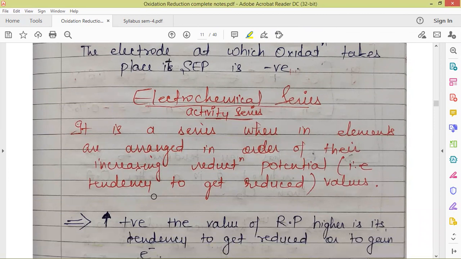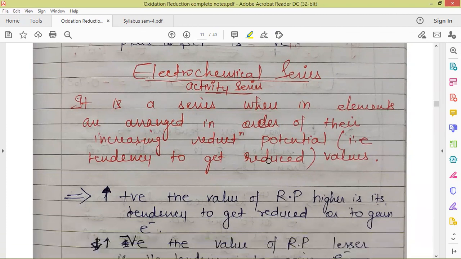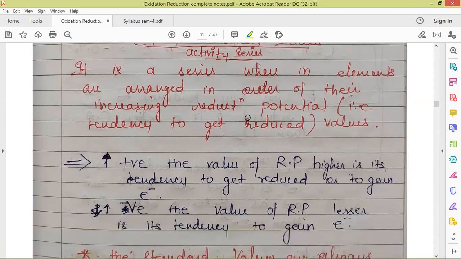It is a series where elements are arranged in order of their increasing reduction potentials, calculated by connecting these half cells with the standard hydrogen electrode.